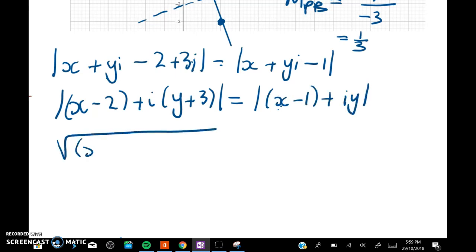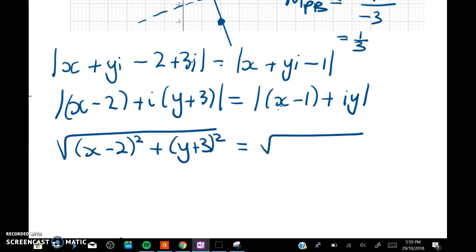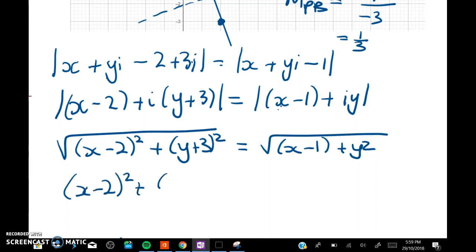Right, the modulus is just the distance of the point from the origin. So we can do this just by applying that definition. Square both sides, expand, and simplify.